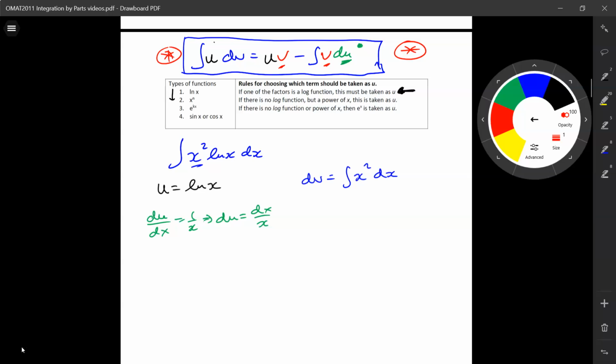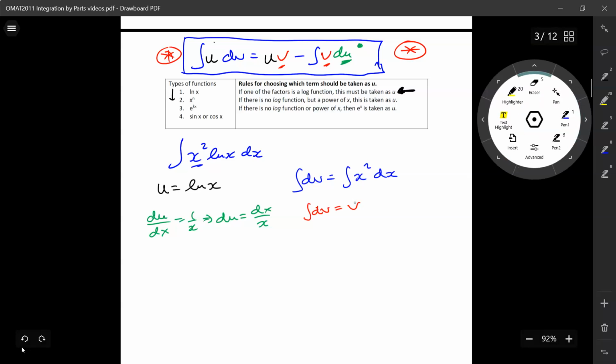So to get v, I integrate dv. So I'm going to integrate both sides of this equation. So the integral of dv, which is equal to v, is equal to the integral of x squared, and that gives me x cubed over 3.